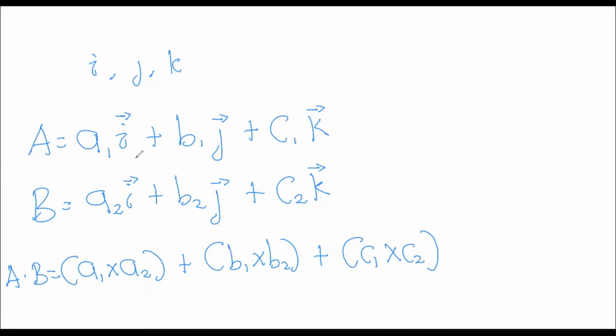We put those bearing i's together, those bearing j's together, and those bearing k's together. If, let's say, B was a2i minus b2j plus c2k, then we don't have to change this, we just go ahead and change this.